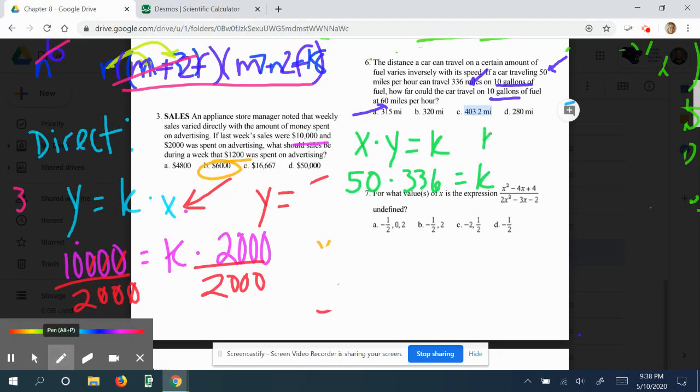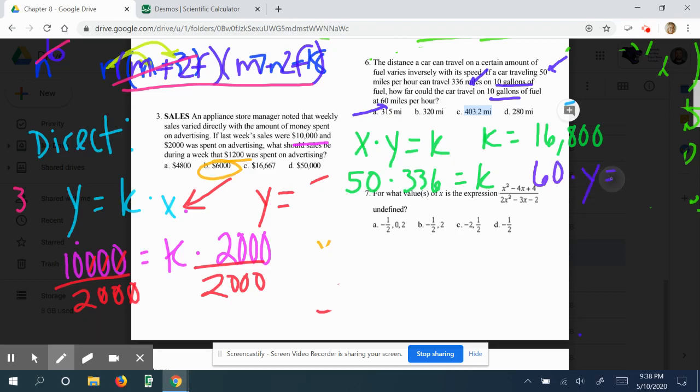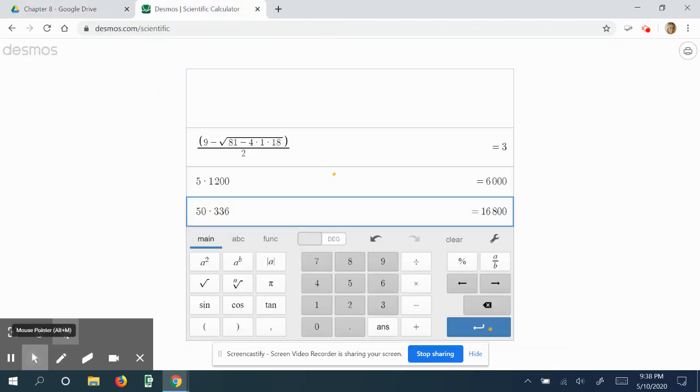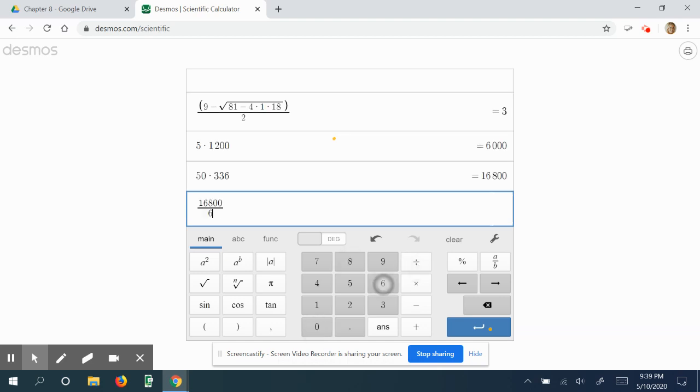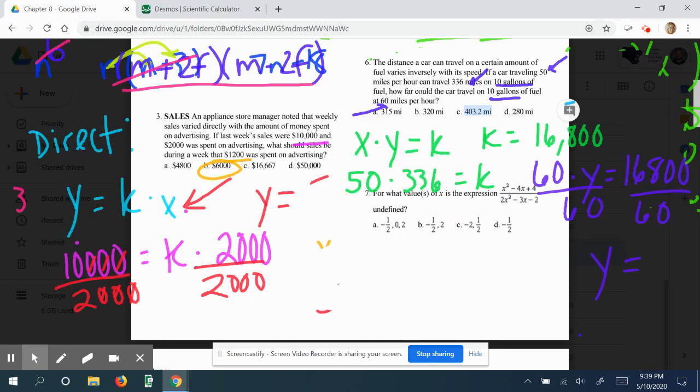So k is going to equal 16,800. I go back to my original problem and say my x is going to be 60 now. And I'm going to say 60 times y equals 16,800. Divide by 60, divide by 60, and I find y is equal to 280.